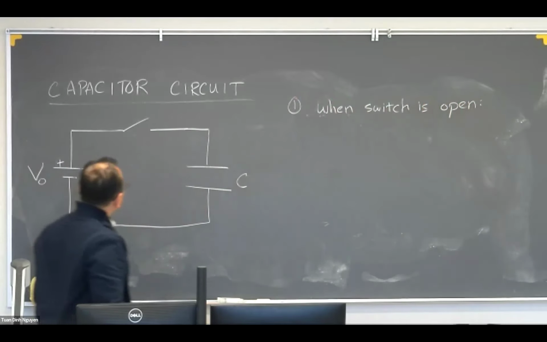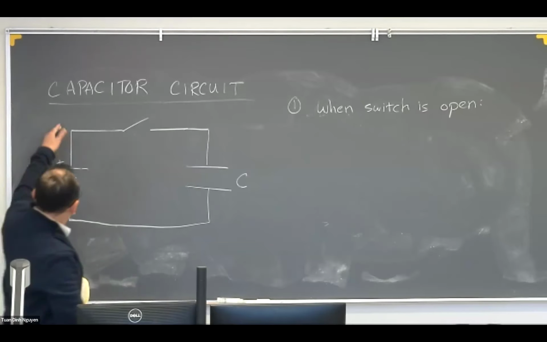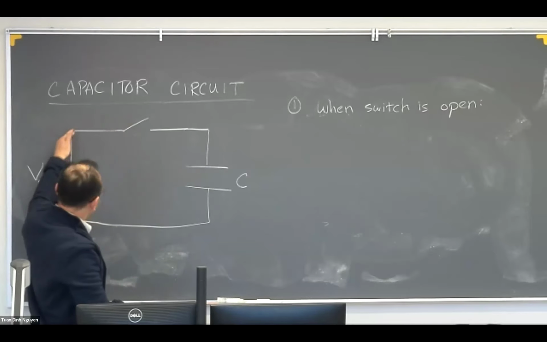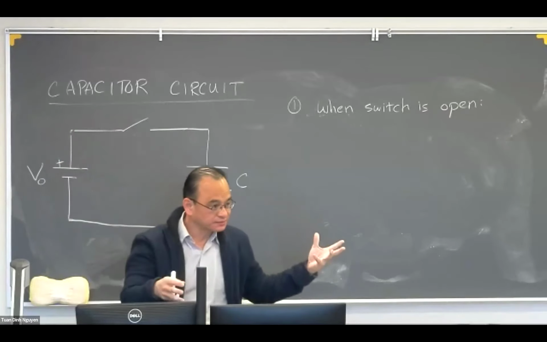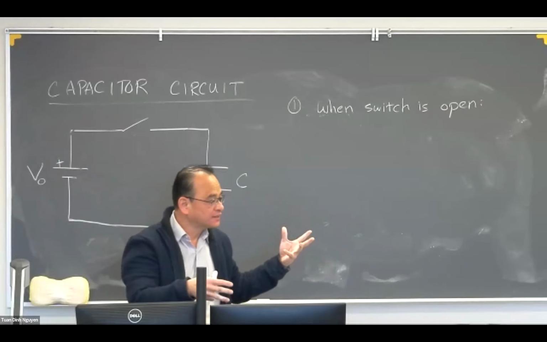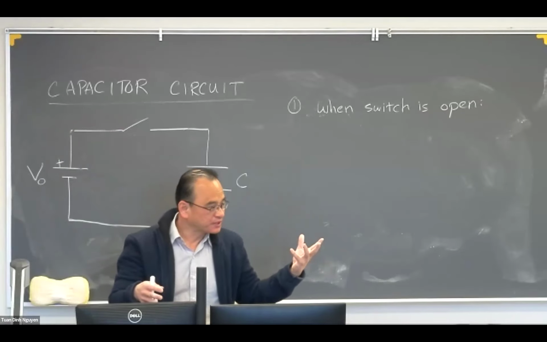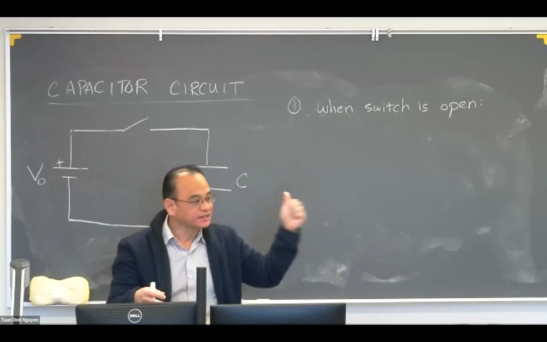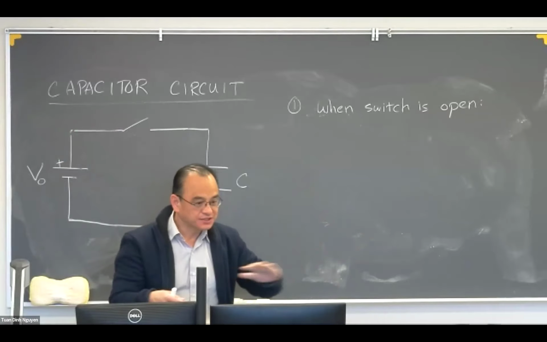like it is shown now, these lines are wires, right? They represent wires, which are conductors. What do we know about conductors? One, charge moves freely, and two, electric field is zero everywhere.